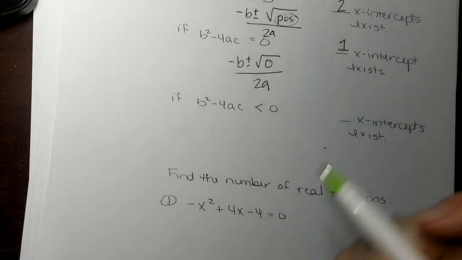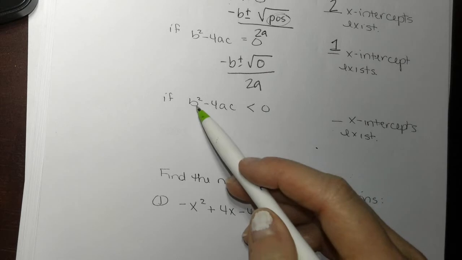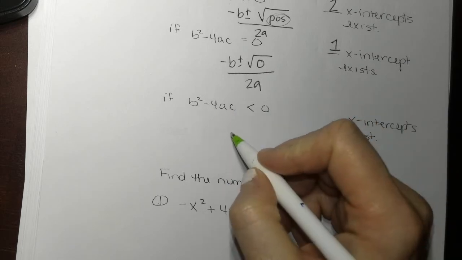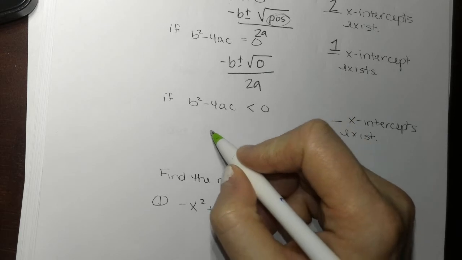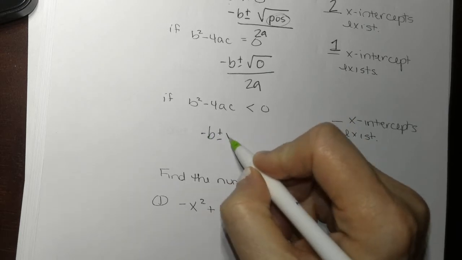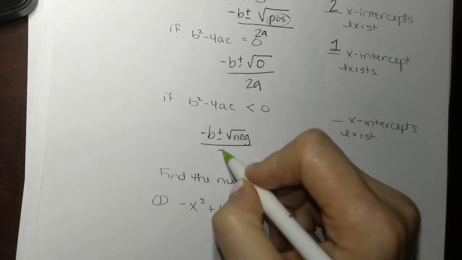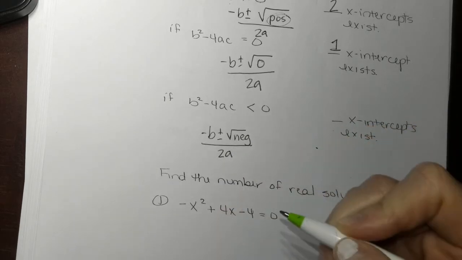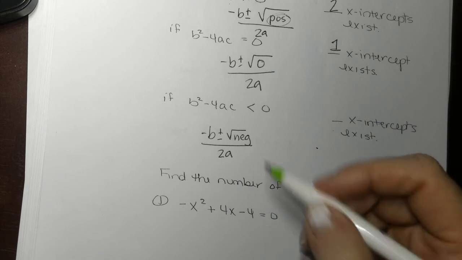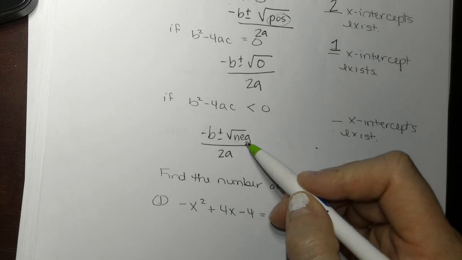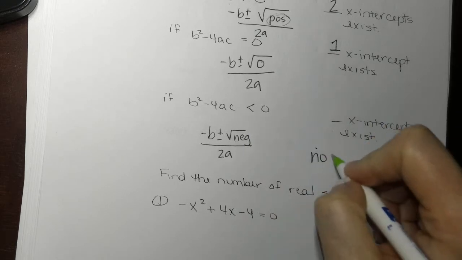And if your b squared minus 4ac is less than 0, so you get negative b plus or minus the square root of a negative number all over 2a, then this is all going to be negative in here. That means there's no real solution.